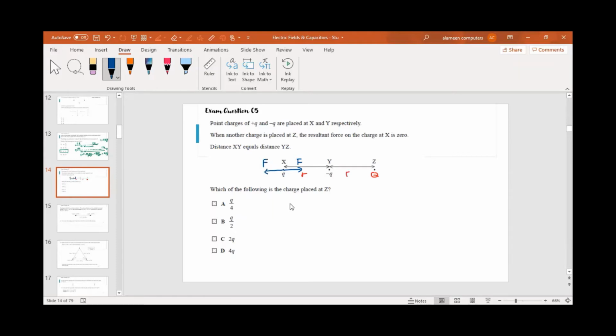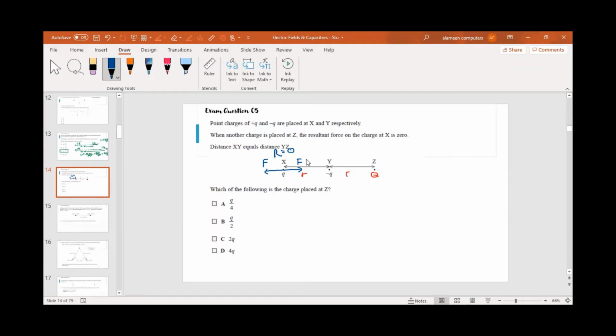Because the forces are equal and opposite, only then the resultant becomes 0. So at the moment we have used the information that is given to us in the question. Now we'll write these two forces.